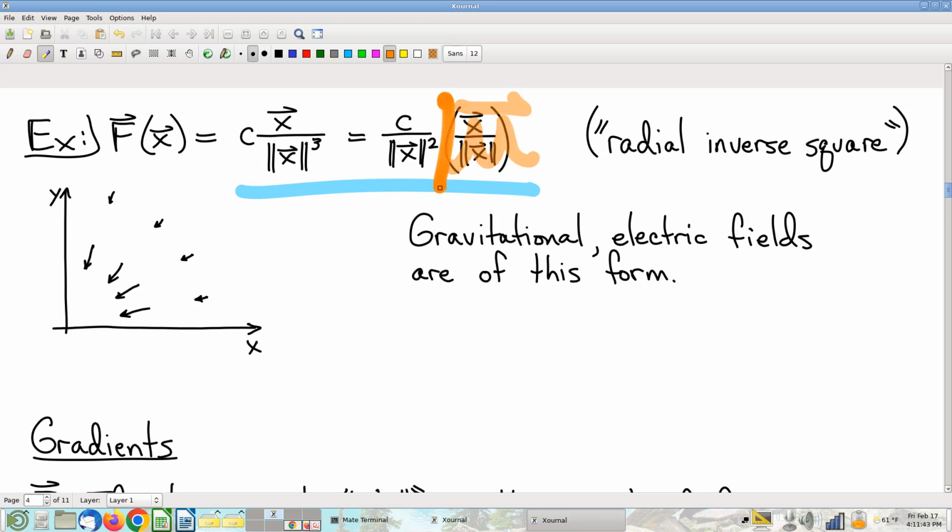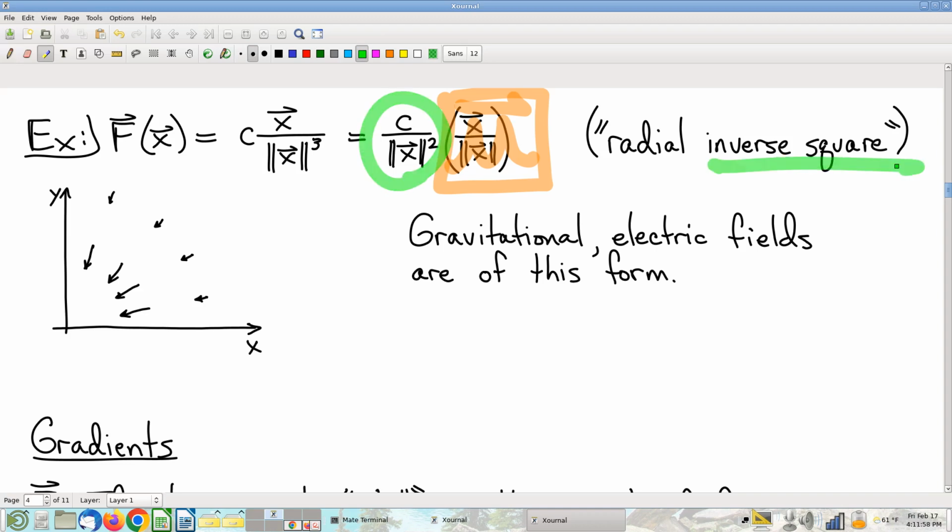So this part in orange serves only to give a direction to this vector field. That's a unit vector. And so the magnitude is what's left over, and this is clearly an inverse square magnitude. The unit vector points in the direction from the origin to the point. In other words, it is radial outward from the origin, thus the term radial inverse square.